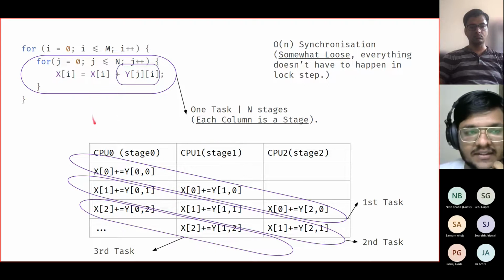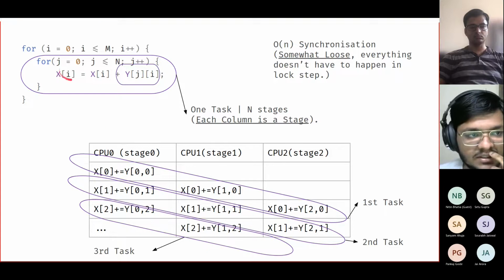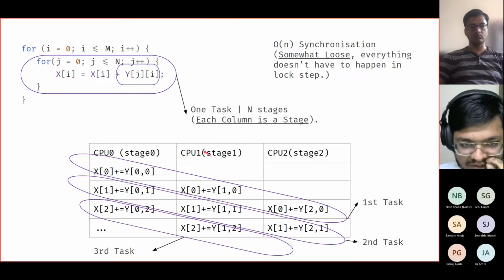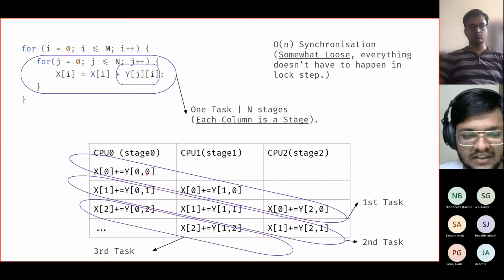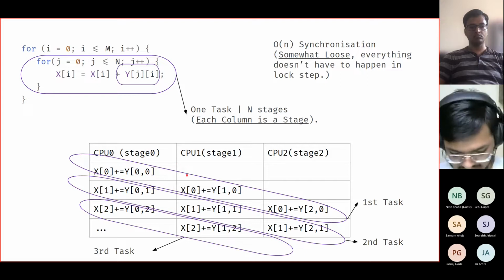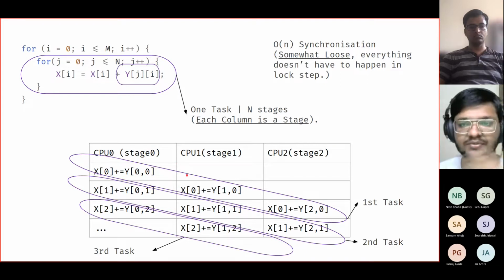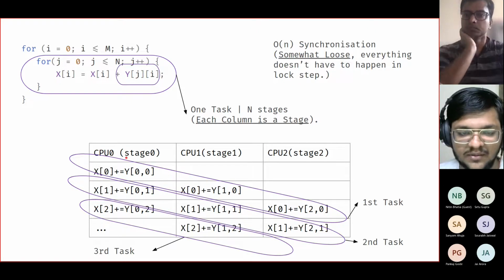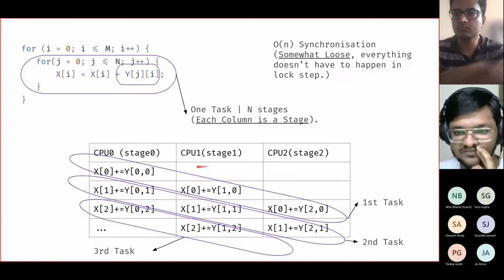The first iteration of CPU 0 is executing first, and after that the first iteration of CPU 1 is going to execute. Here we are signaling the next CPU to execute after the previous CPU has executed.